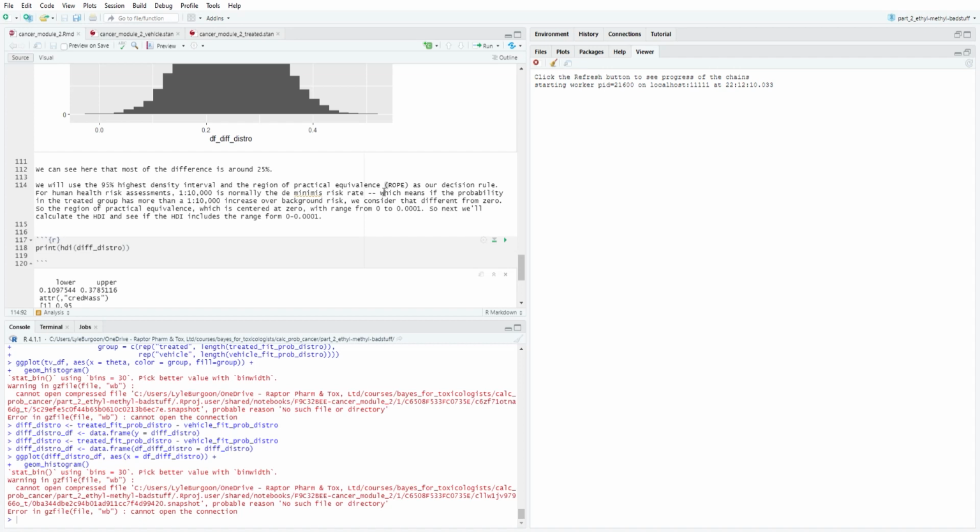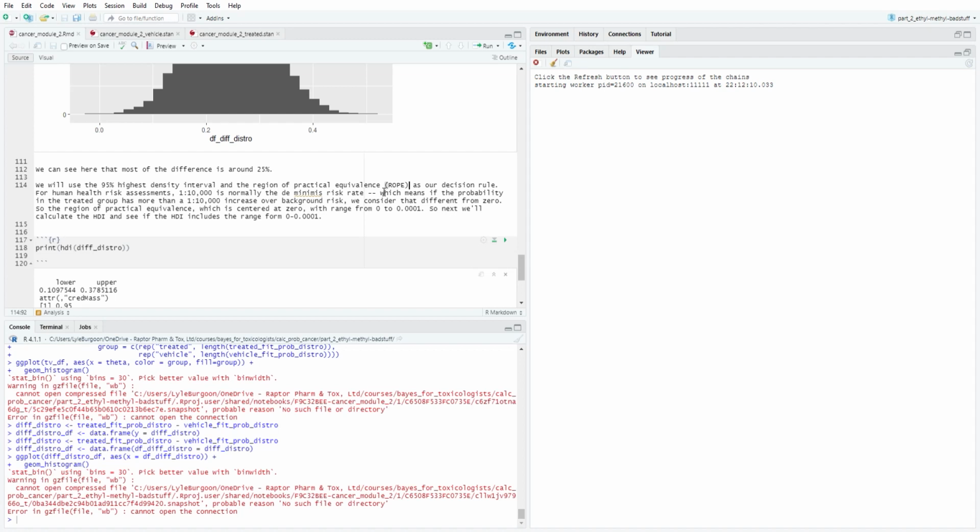That's just what most risk assessors use as a de minimis risk rate. So if you're less than that, they will not consider it to be an issue. Sometimes it's 1 in 1,000. It depends on the risk assessor. It depends on the rules. But for the US EPA, for cancers, it's not uncommon to use 1 in 10,000.